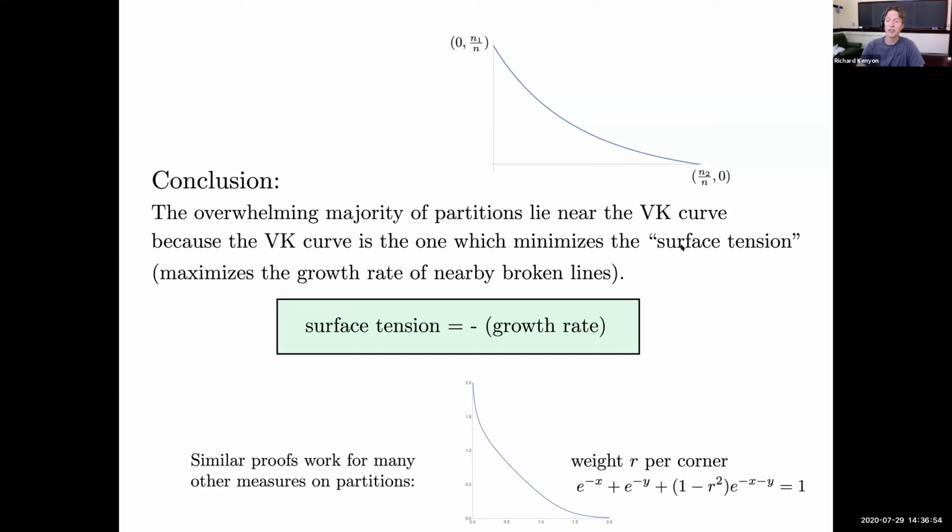And so this quantity, which I called surface tension, is really just the negative of the growth rate. Typically, rather than maximizing growth rates, we like to minimize things, and so we define this thing called surface tension, which is minus the growth rate. All right, good. Any questions?